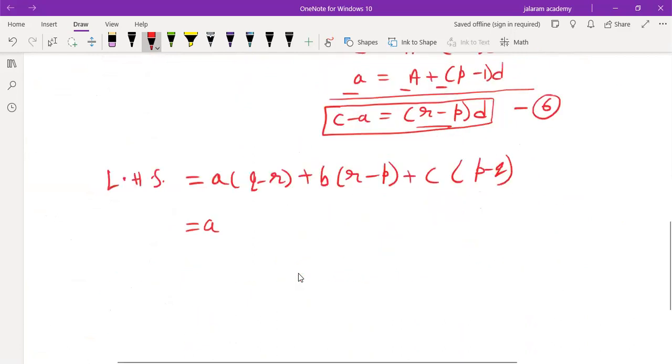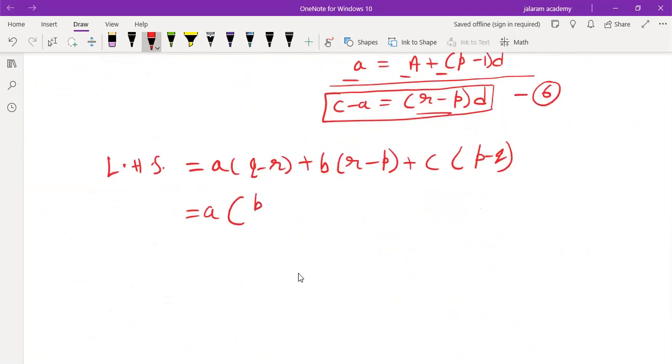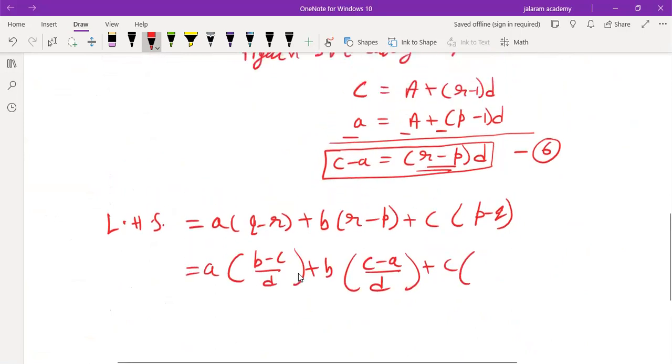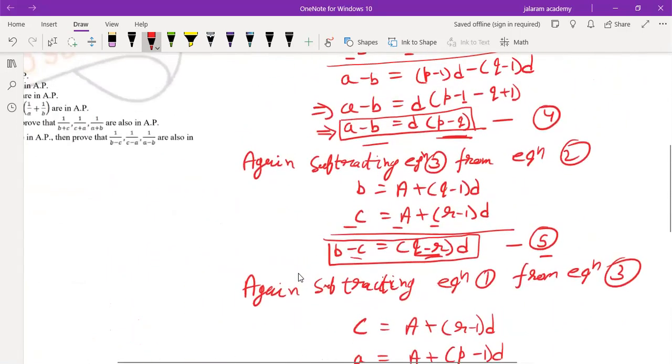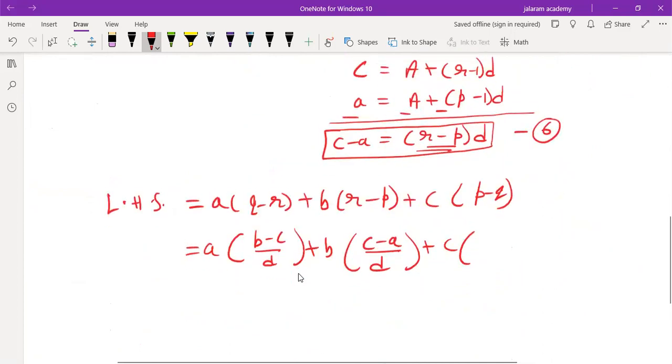It is B minus C upon D, plus B into the value of R minus P, which is C minus A upon D, plus C into the value of P minus Q, which is A minus B upon D.